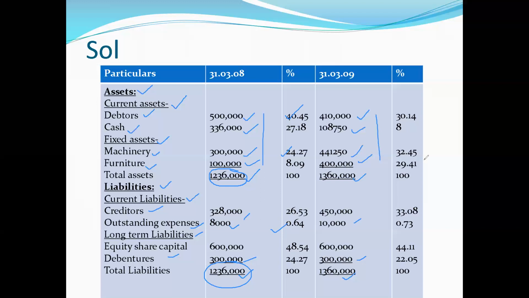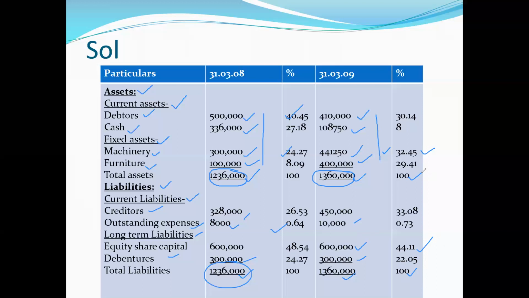Then for 2009, the base would be 13,60,000. So say for machinery, 4,41,250 upon 13,60,000. That comes to 32.45%. Or say 6 lakh upon 13,60,000 into 100, it would be 44.11%. And the assets and liabilities percentage would obviously be 100 because that is the base and that would be the numerator.